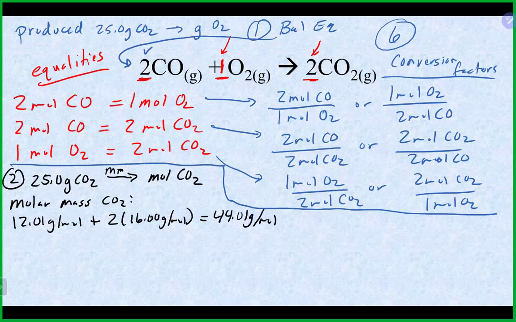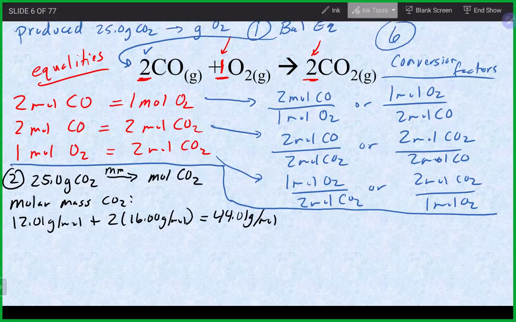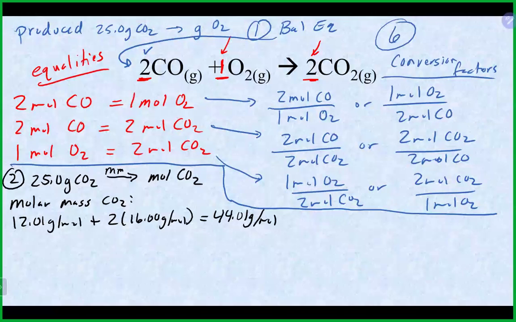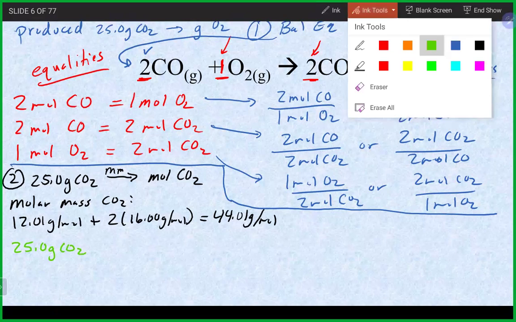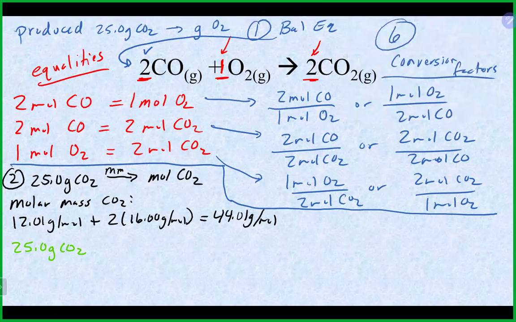So that is what I'm going to do in my next step here. I'm going to take the 25 grams of CO2 that they gave me, and I'm going to use the molar mass as a conversion factor. I do want grams on the bottom so they cancel, and moles up on top.